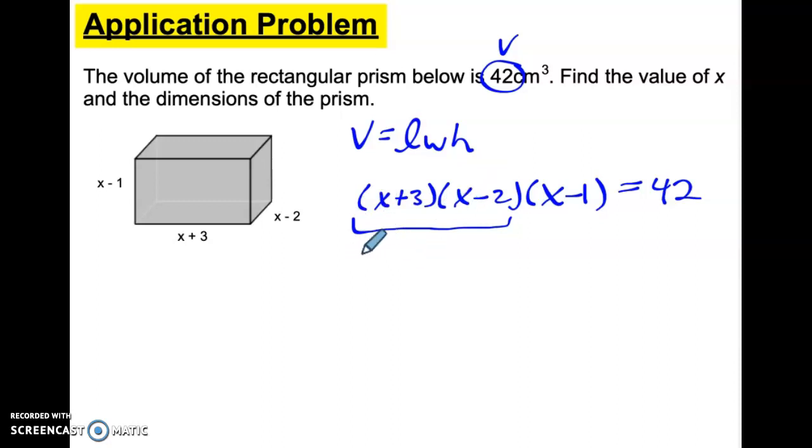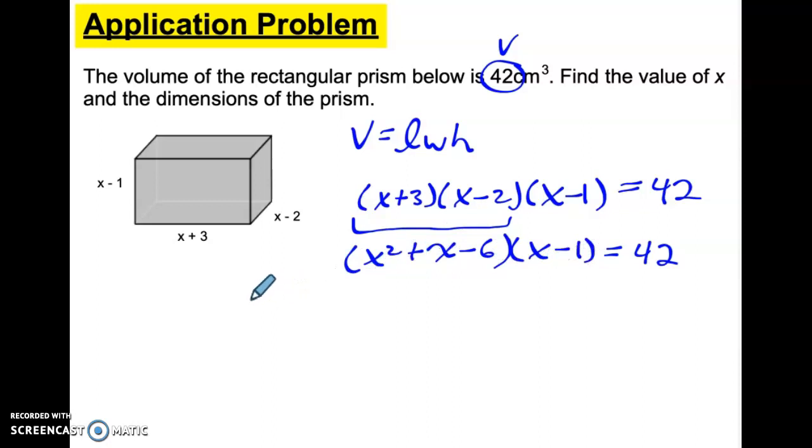And if I expanded them, I would get an x squared, I would get a 3x, and a minus 2x. So that would give me a 1x. And then I would get a negative 6. Okay, I still have my x minus 1, and it's still equal to 42. And then I still need to do the expansion of this trinomial with that binomial.